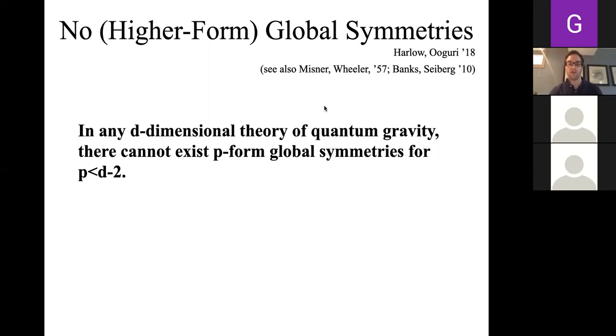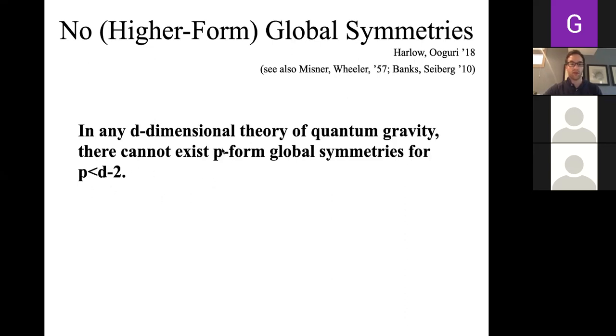The original argument from Misner and Wheeler, reviewed by Banks and Seiberg, dealt with the case of continuous, continuous zero-form global symmetries. But more recently, this 2018 paper of Harlow and Ooguri has argued that, at least in the context of AdS/CFT, you can make a more general statement. The claim is that in the context of AdS/CFT, one can show that there cannot exist any p-form global symmetries for p less than d minus 2.